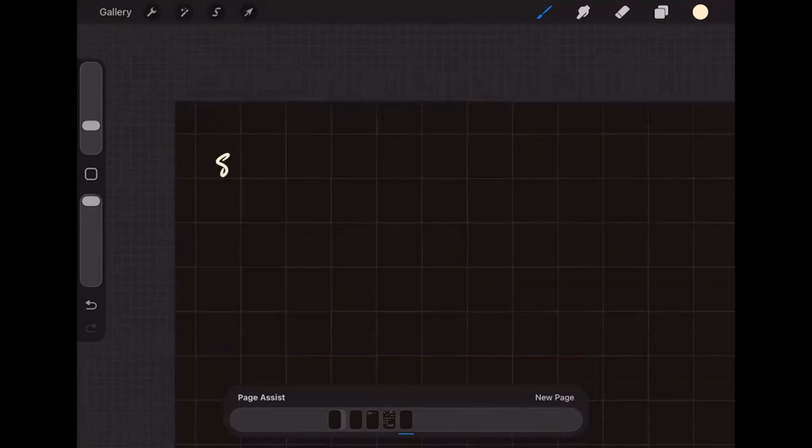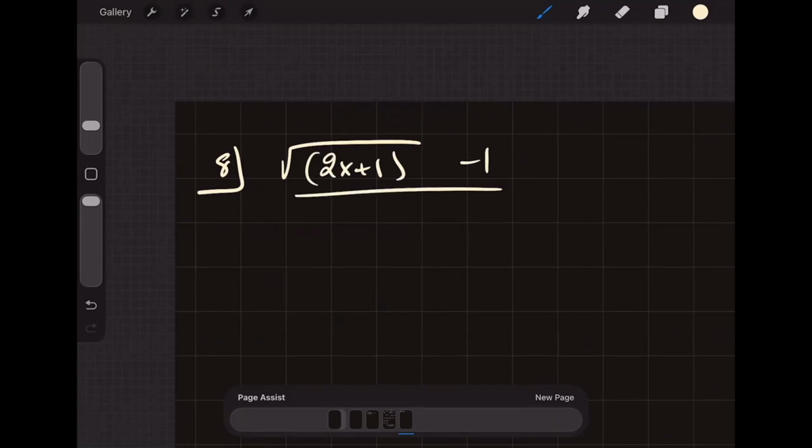Let's get number 8, which is the square root of 2x plus 1 minus 1 all over 3x at x equals 0.